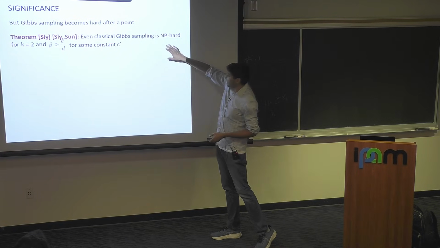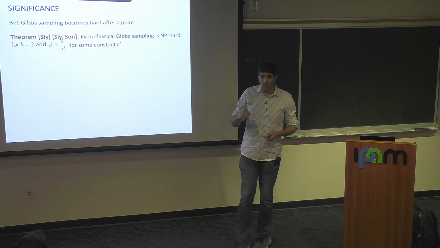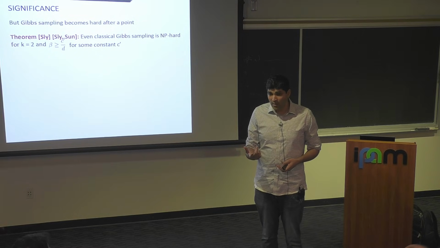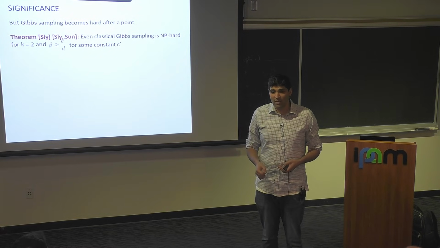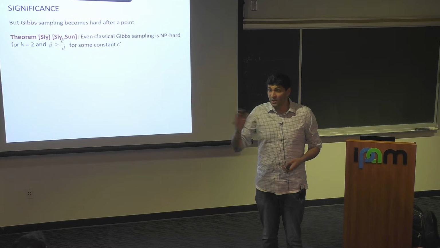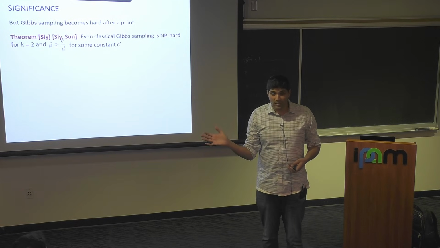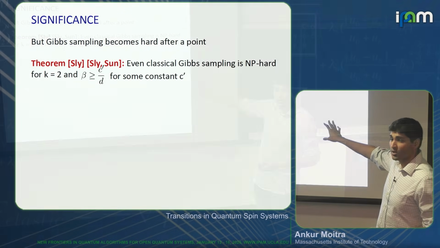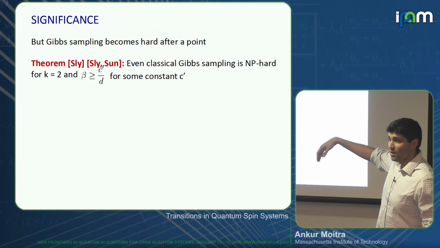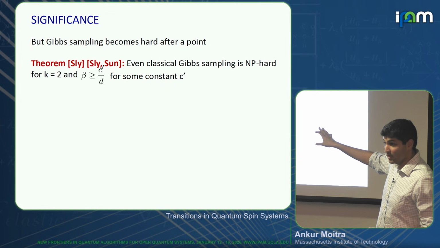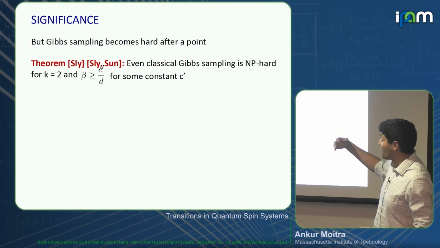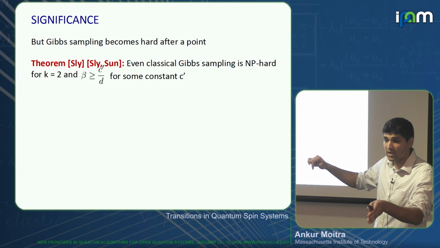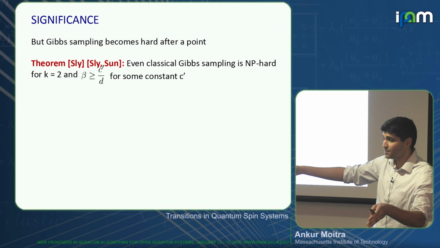Even for classical spin systems, it's not just that there are phase transitions in things like magnetization, but there are phase transitions in everything you could imagine. There are phase transitions in temporal mixing. There are phase transitions in strong spatial mixing, like in Ewin's talk. There are even computational phase transitions, where the problem of sampling from the corresponding Gibbs distribution or approximating the partition function goes from computationally easy, solvable in polynomial time, to being NP hard.